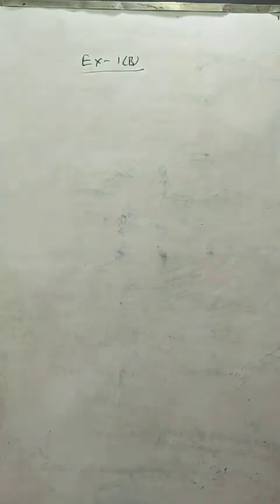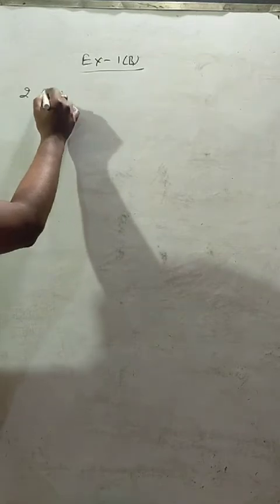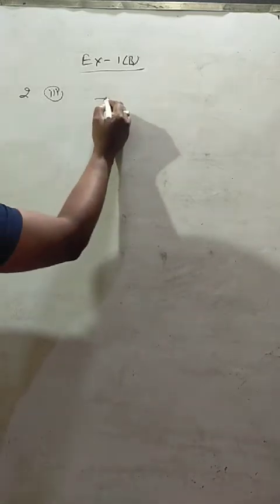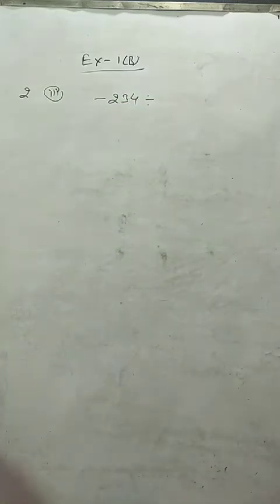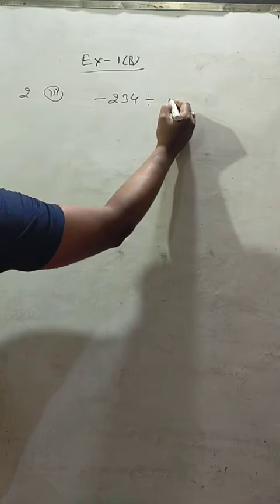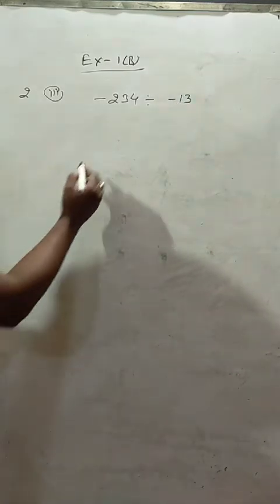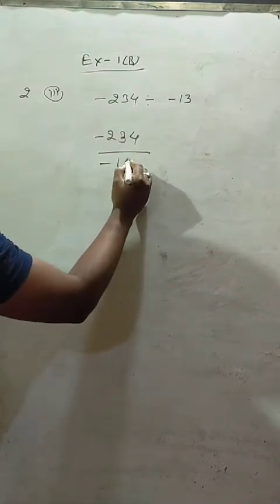In the case of negative and positive numbers, suppose the third question of question number 2 is minus 234 divided by 13, that is minus 234 divided by minus 13.